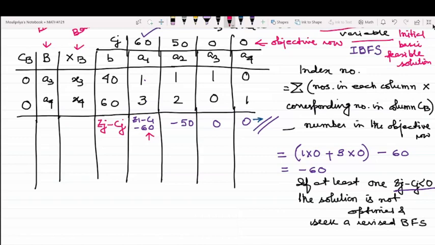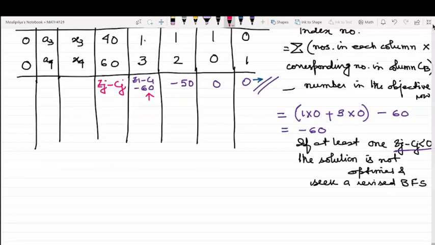To calculate the leaving vector, we have to calculate the ratio. We calculate the minimum of this by this, that is 40 by 1, comma 60 by 3.